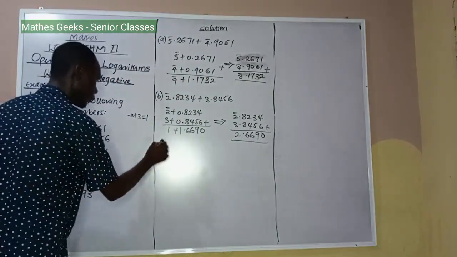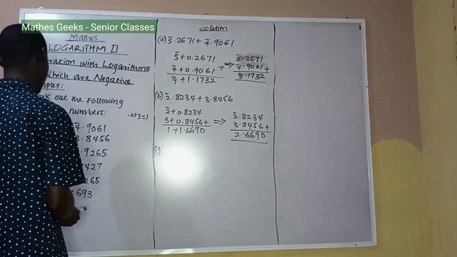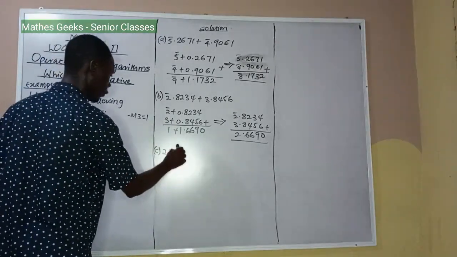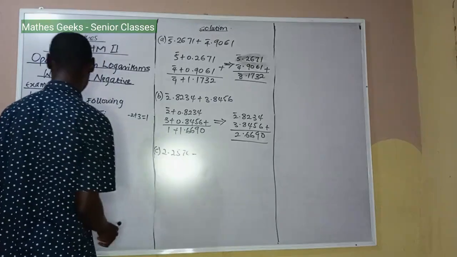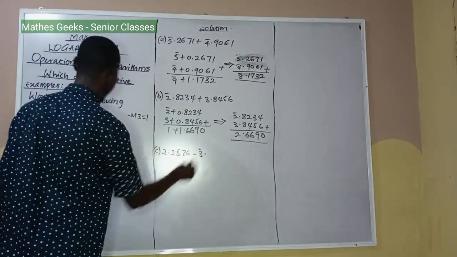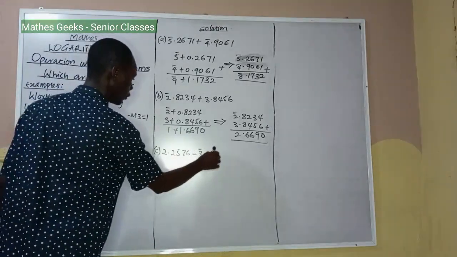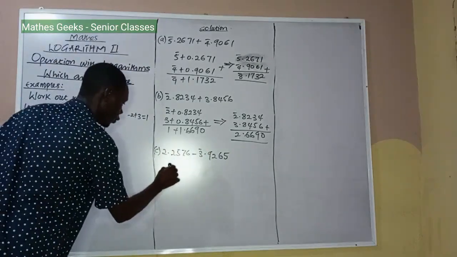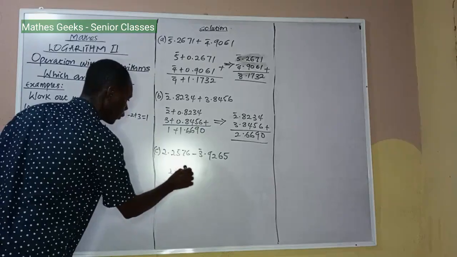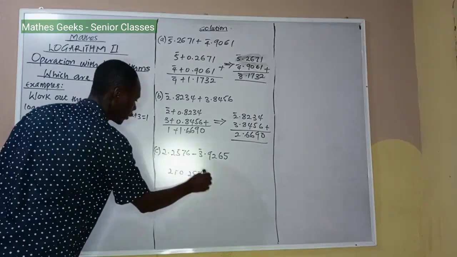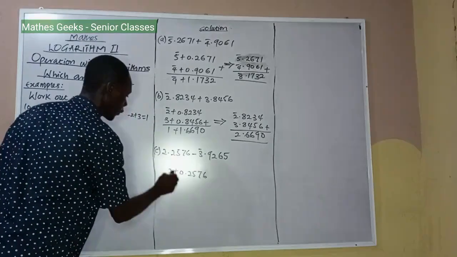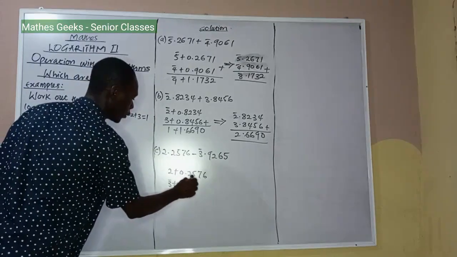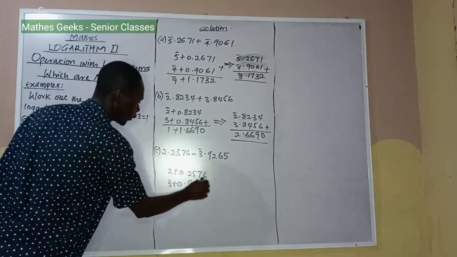So C is 2.2576 minus bar 3.9265. So we have here 2 plus 0.2576, then bar 3 plus 0.9265.